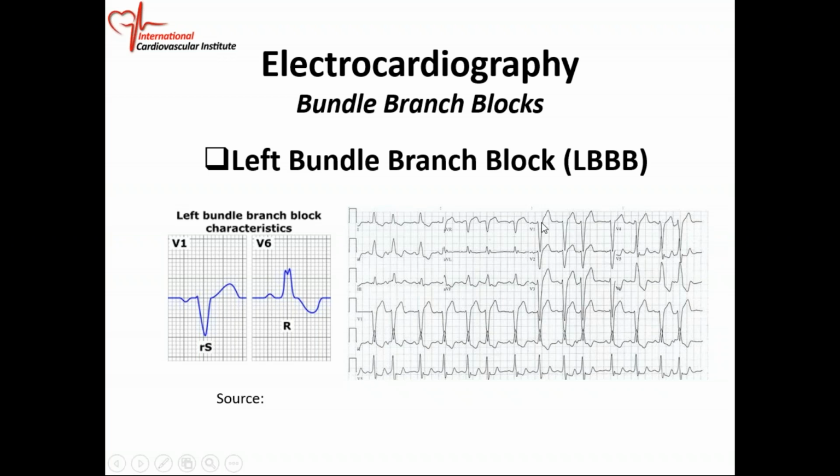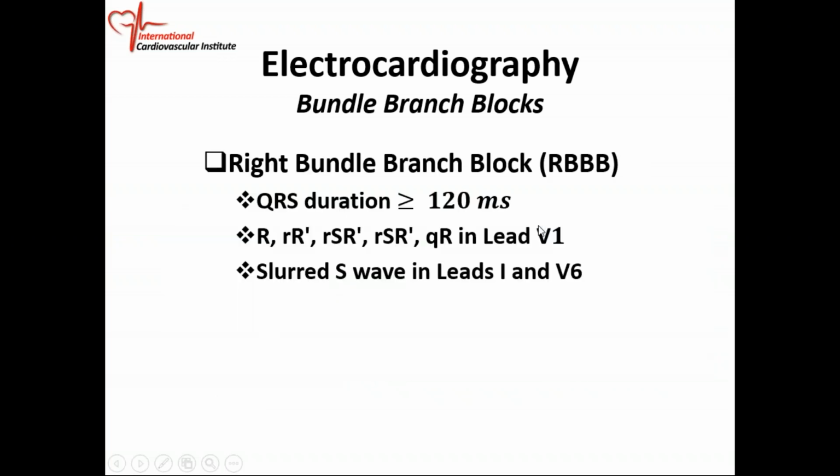But when you look in lead V1, you get a tiny r and a big S. So this is your classic left bundle branch block: a broad, bizarre, sorry, a widened QRS complex, and you can see V6 is monophasic, and sometimes you'll have the R prime. But when you look in V1, you have a tiny r and a big S, so that's a left bundle branch block.